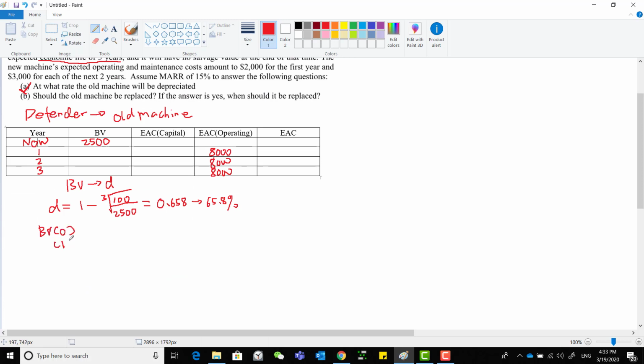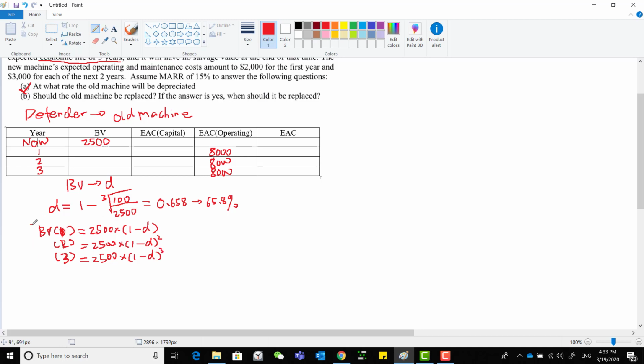Based on this, book value 0, book value 1, book value 2, and book value 3 can be calculated as: 2,500 times (1 minus d), then 2,500 times (1 minus d) to the power of 2, and the third year will be 1 minus d to the power of 3.